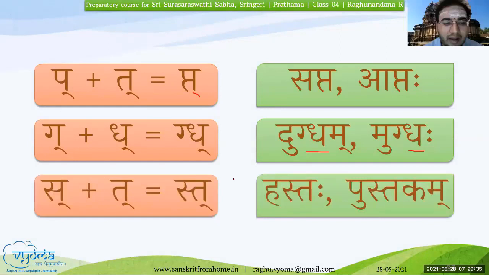The last set of words. Hastaha. Very good. Pustakam. Very good. Dhanyavadaha. If you notice here, in all these examples, the first letter is written in half and the second letter is written full. G, D, Th again, half G and full Th. The second letter is written in full. So we are able to see and understand these words.